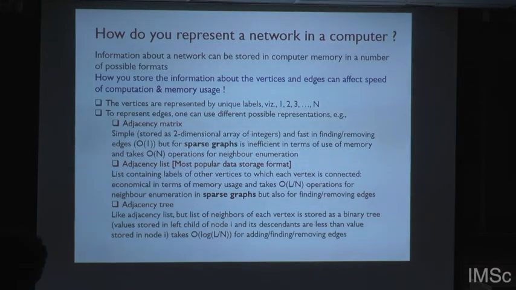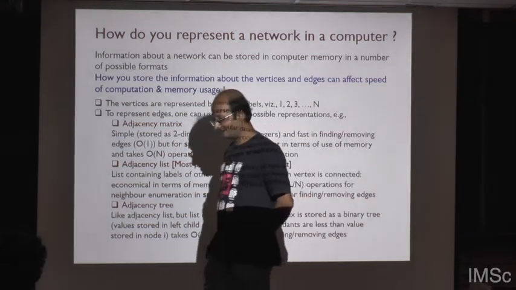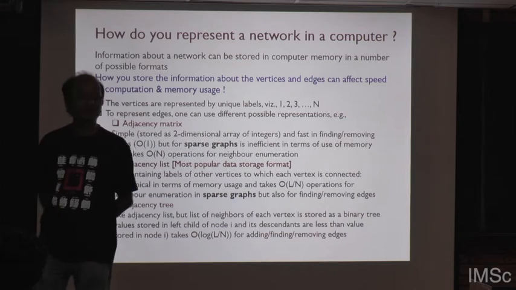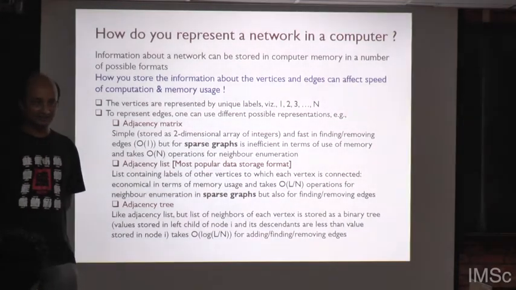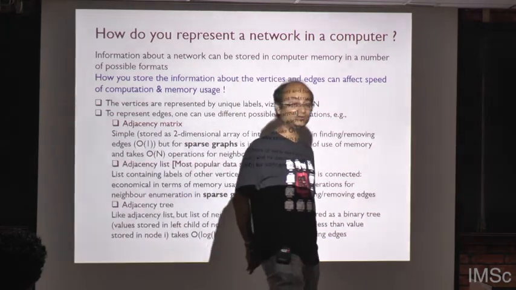So the first thing that you encounter when you're trying to analyze a network using computers is how do you import or represent the data, representing the network in your machine.